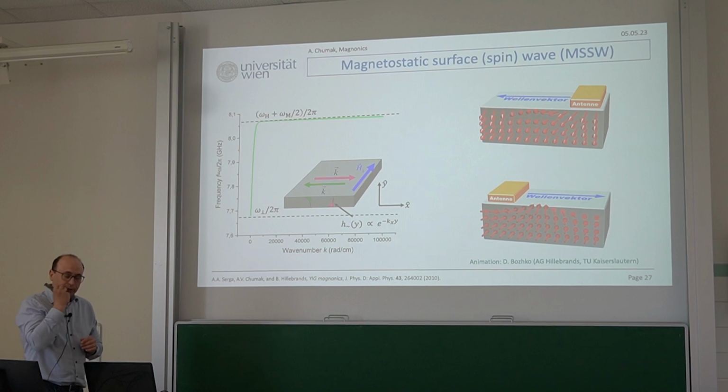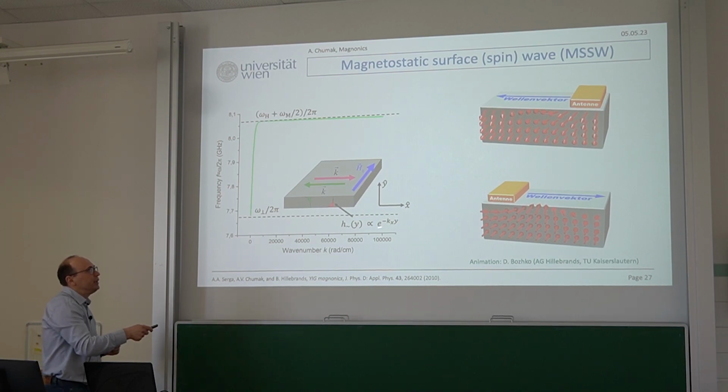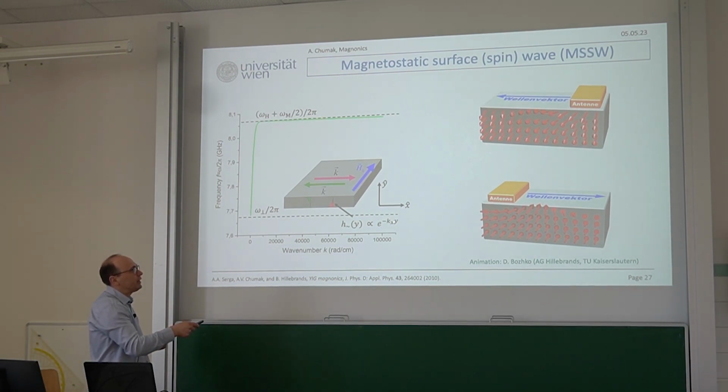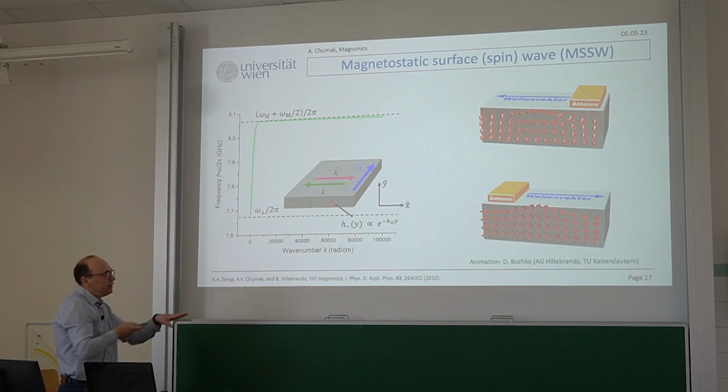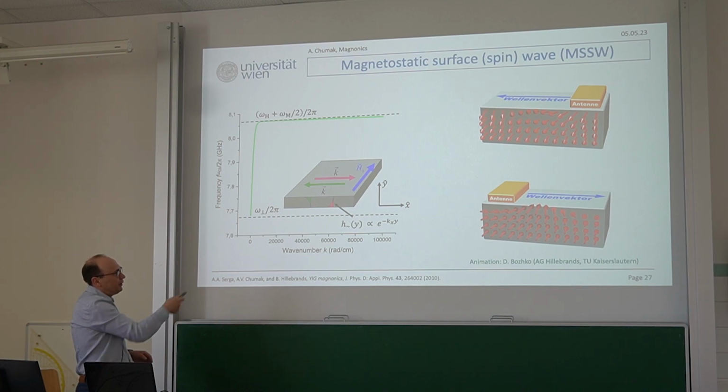But what we need to keep in mind is that this distribution over the thickness, in the simplest case, can be given as exponent minus k x y. It means that it's the distribution along y, but here is k x. It's the k of the wave propagating in plane, which is running here.